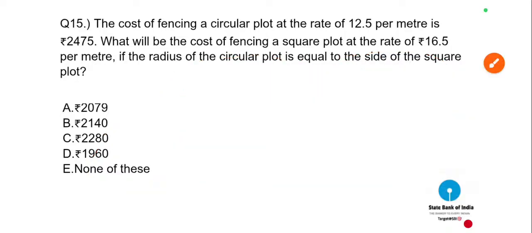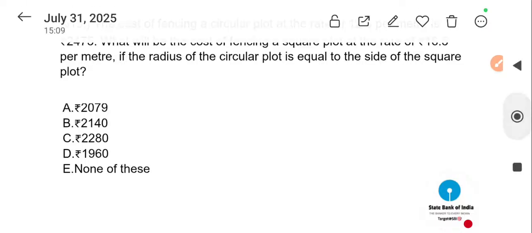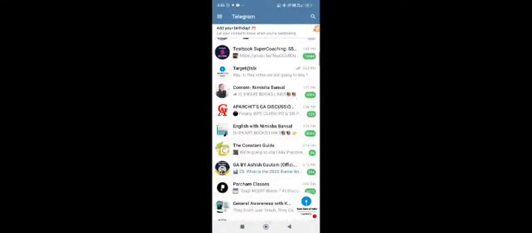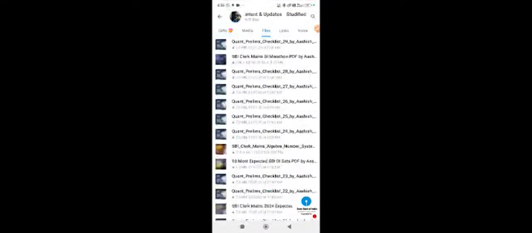Let me show you how I make these PDFs without watermarks. Here is the Telegram, and here is Ashish Arora sir's. The questions we saw today are from paper 100.